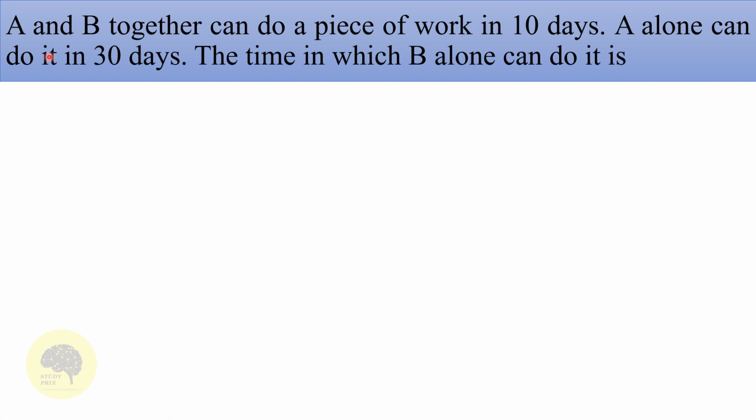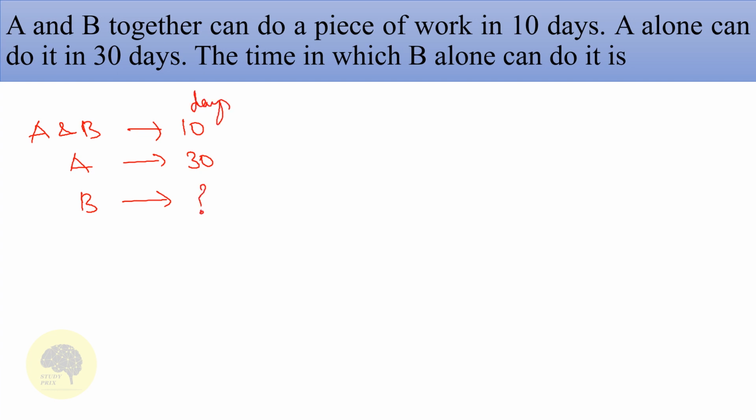Coming to the next problem, A and B together can do a piece of work in 10 days. A alone can do it in 30 days. The time in which B alone can do it is. First, write down the data from the question. A and B can complete the work in 10 days and A can complete the work in 30 days, and we have to find the time taken for B to complete the work.